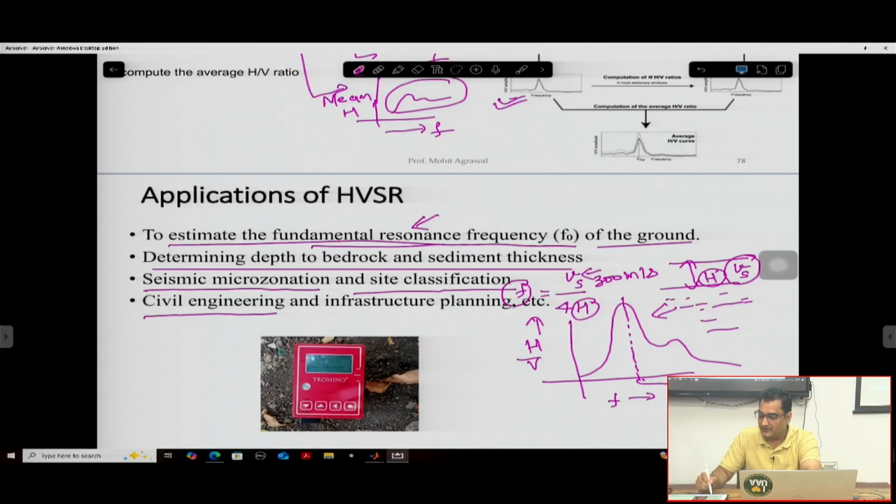Now this figure that you see is the typical seismometer that we used in the field to compute the HVSR curve. This instrument was manufactured by an Italian-based company, Micromed, and they call it the Tromino instrument.